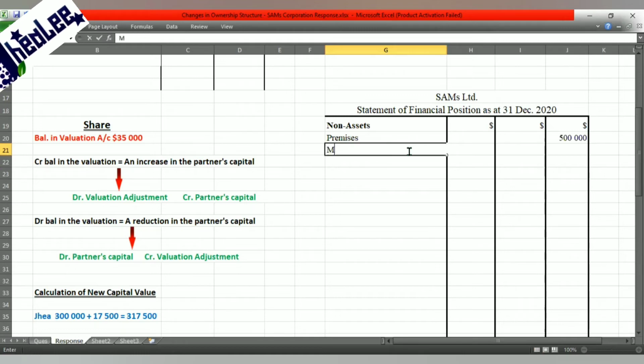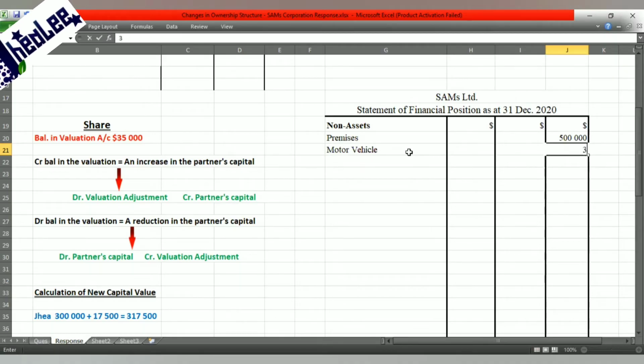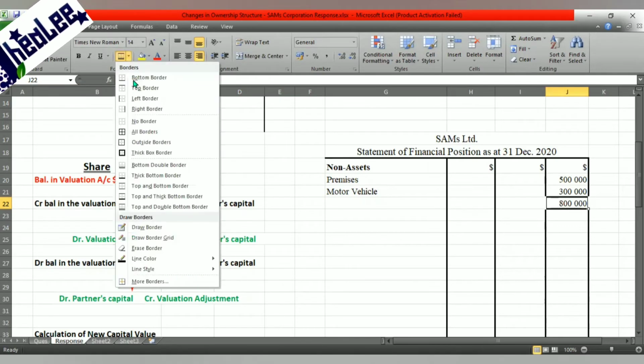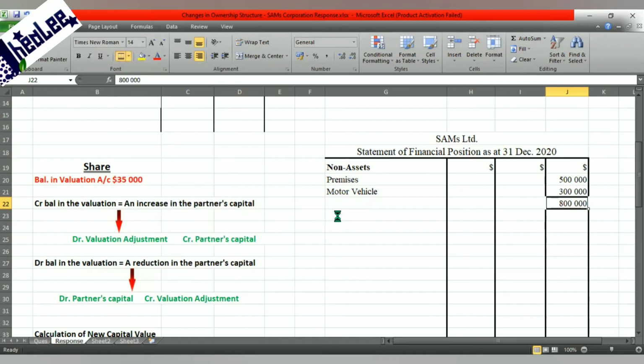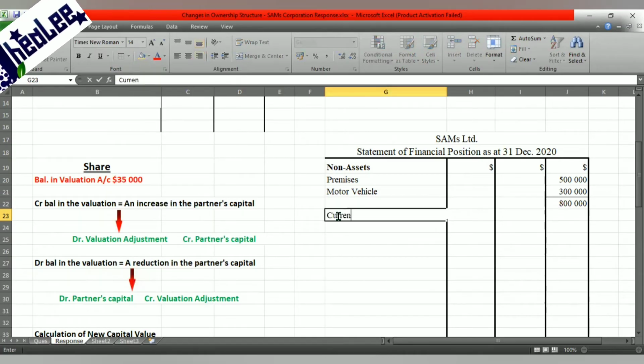Our next item is the motor vehicle. And the motor vehicle new value is 300,000, and that gives us a total of 800,000. And we're now going to move into our current assets. So next heading, current assets.